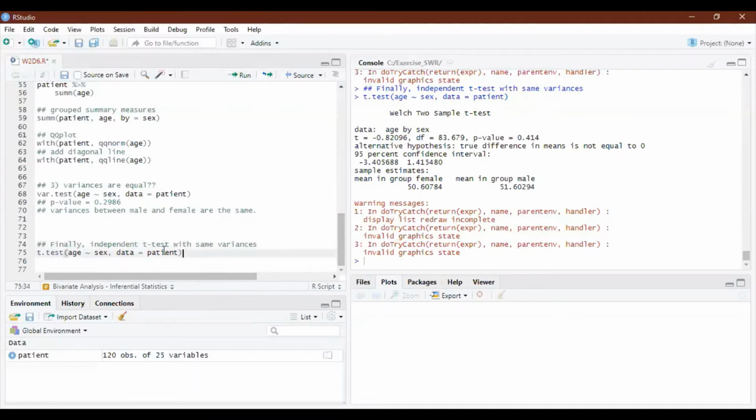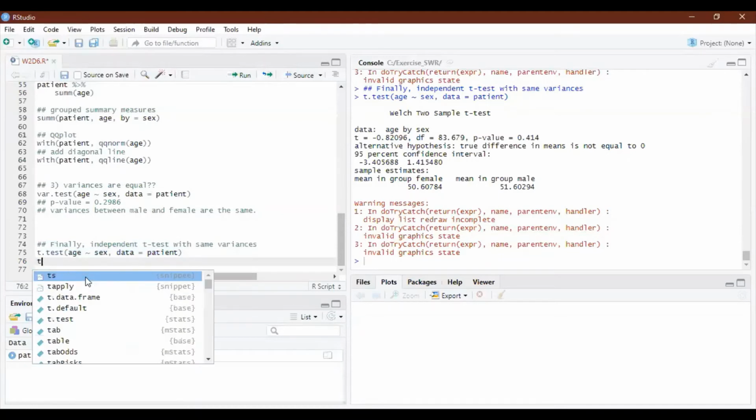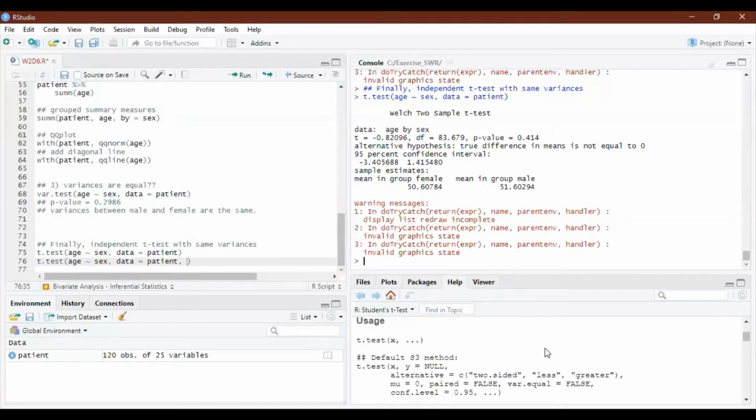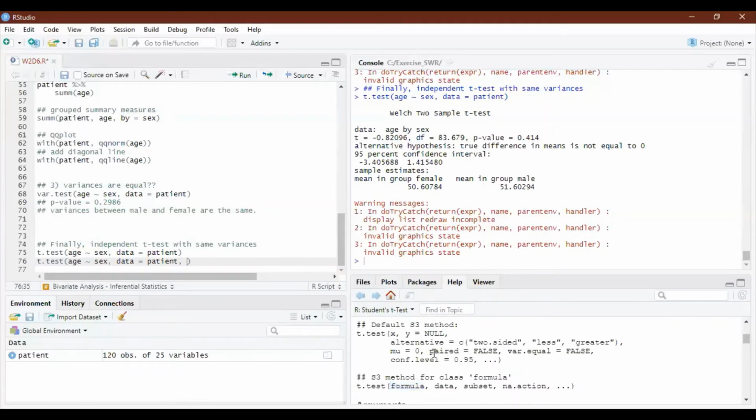Let's look at another one. t.test age by sex, with data equal to patient, and then, if you go here, you can say var.equal is equal to true.